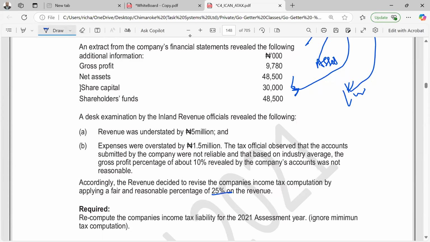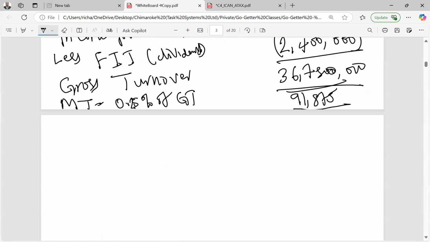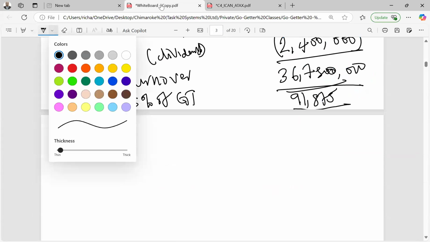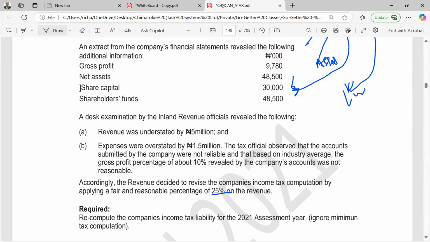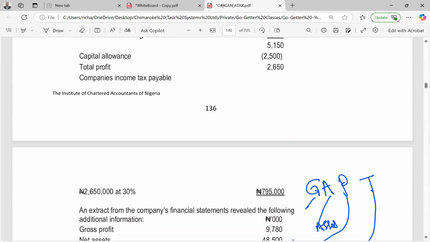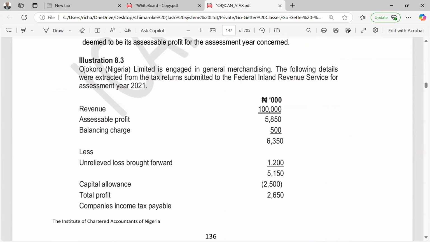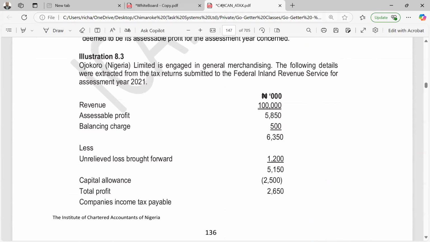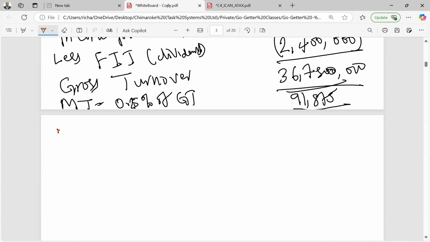Now they said compute the company's income tax liability for 2021, ignore minimum tax. So what's the name of this company now? The name of this company is Ojokoro Nigeria Limited.